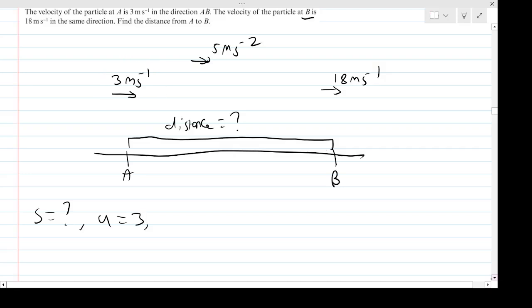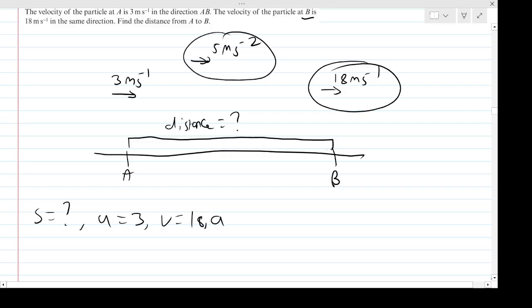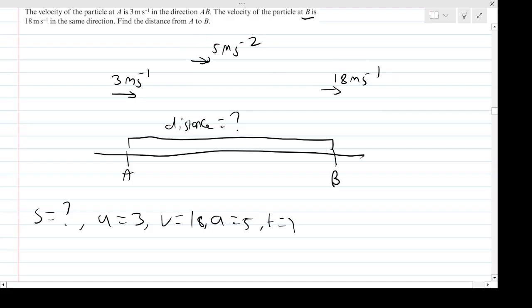The final velocity at B is 18. A, my acceleration, is 5. And my time, I don't care about, and I'm not given it either. So again, I only need 4 of these 5 quantities.